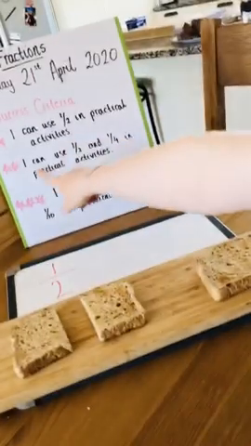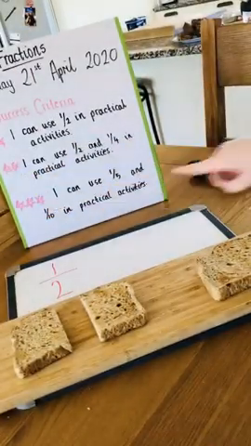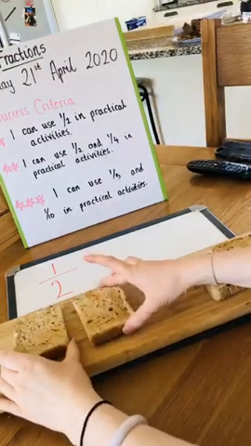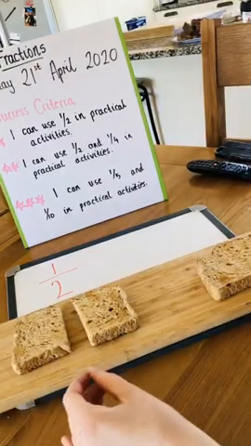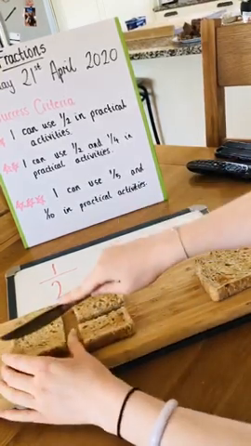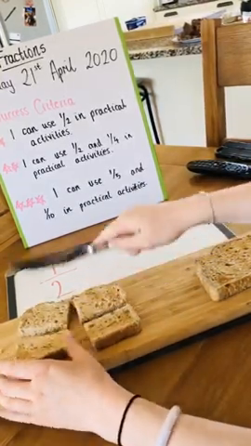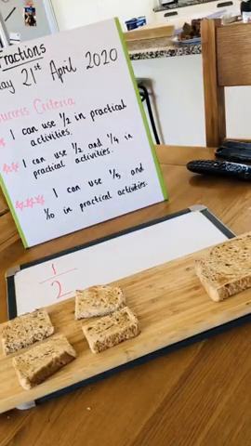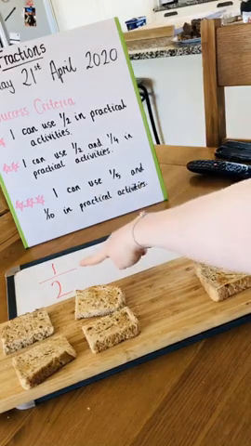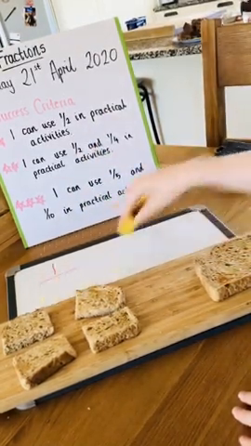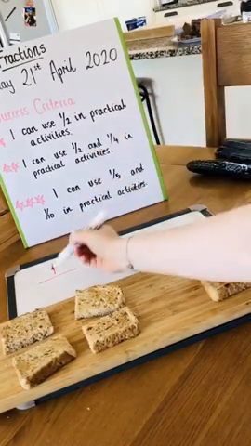Then if you want to try the 2 stars, you want to do half and a quarter, so there's half here already. If we do it again, that will then give us our quarters. So quarter and quarter. Now I need to change my fraction to look like a quarter and no longer a half.